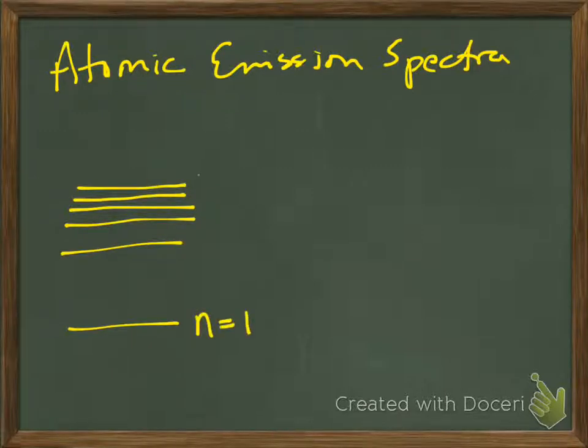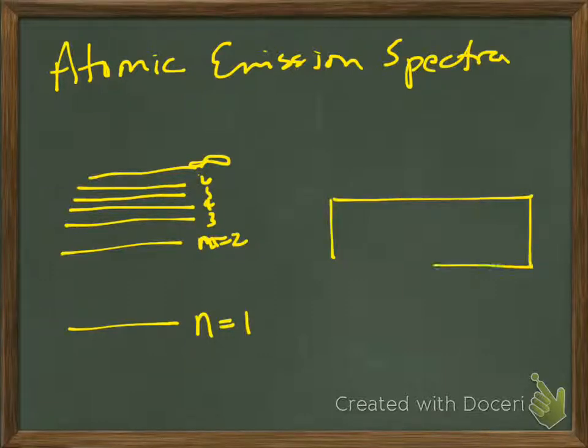N being the main energy level, this would be N equal to 2, 3, 4, 5, 6, and then up actually to infinity. The idea that electrons have to be on an energy level means that they emit a line spectrum, okay, with convergence at the upper end because of the closeness of the energy levels.